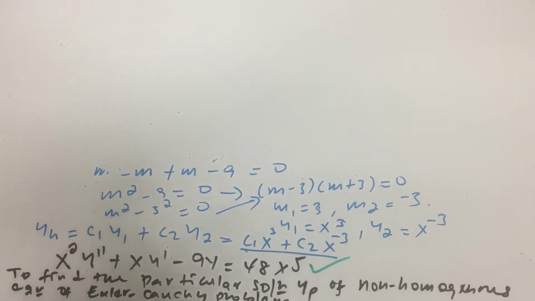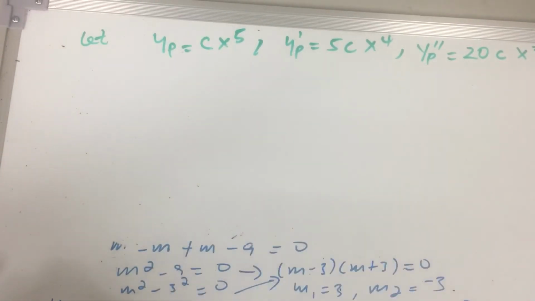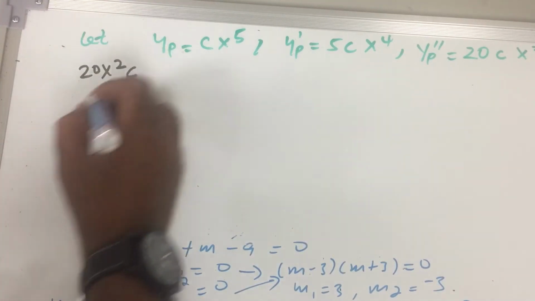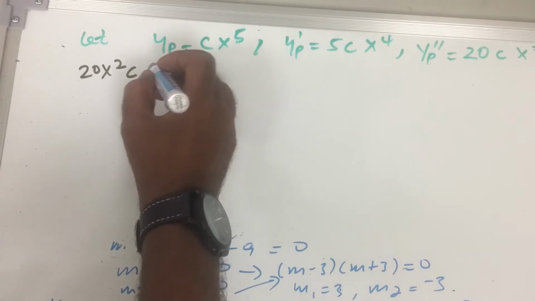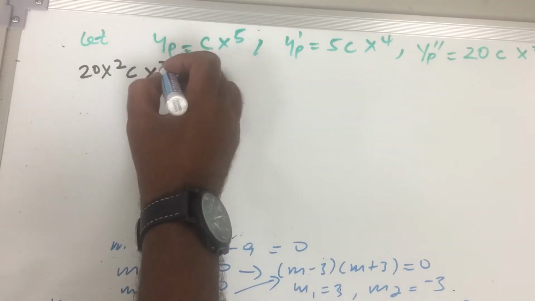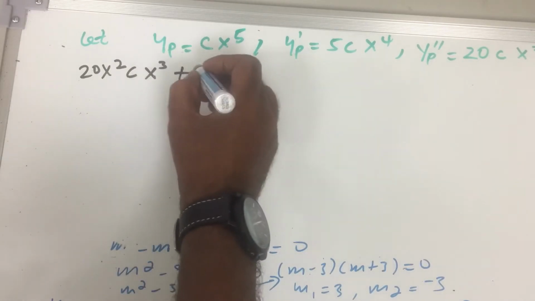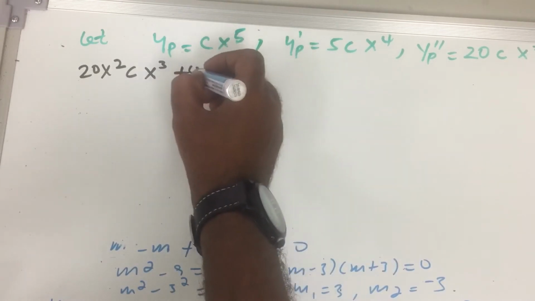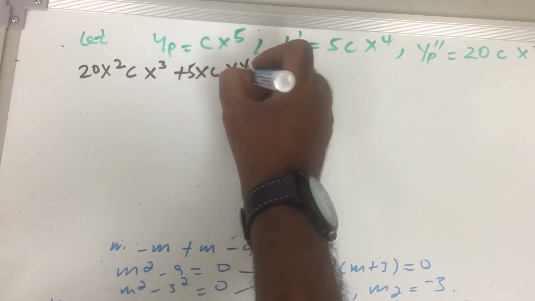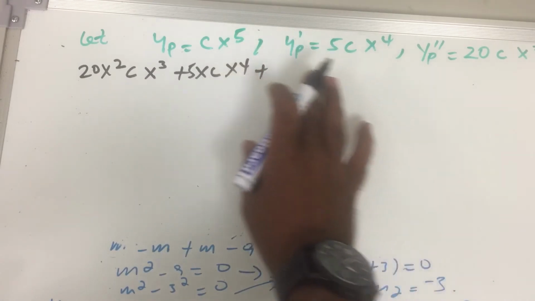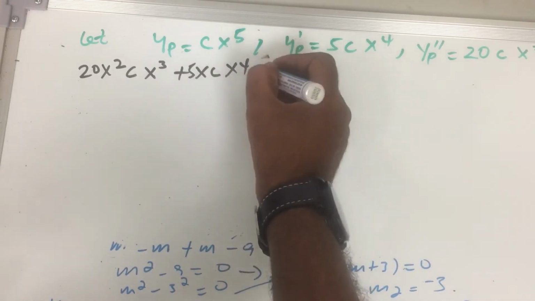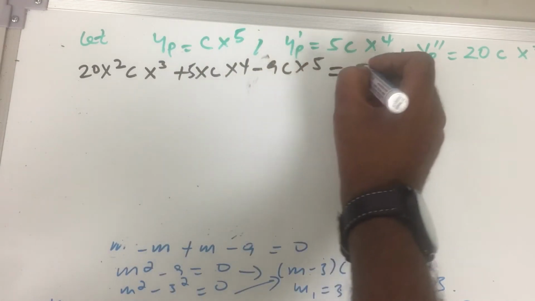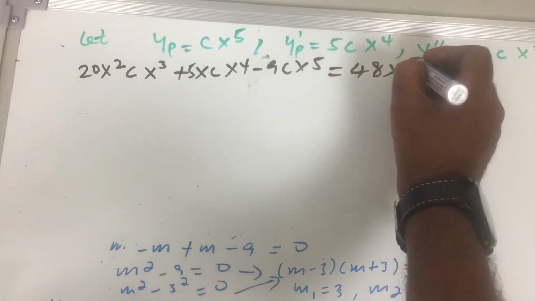It will be x squared times 20c x to the power of 3, plus x times the yp derivative, 5c x to the power of 4, minus 9 times c x to the power of 5, which equals 48 x to the power of 5.